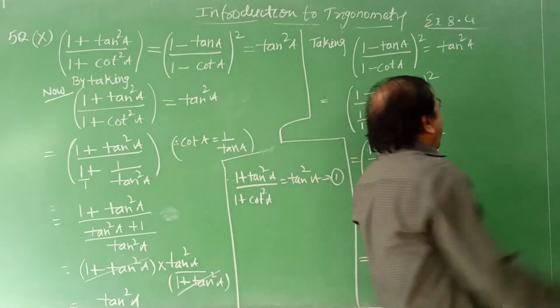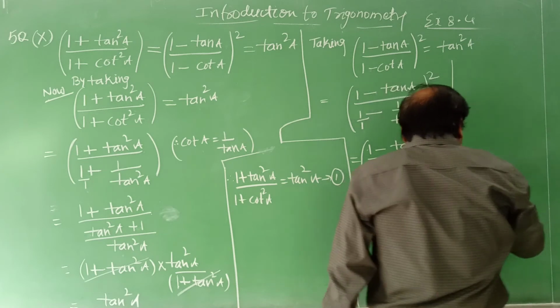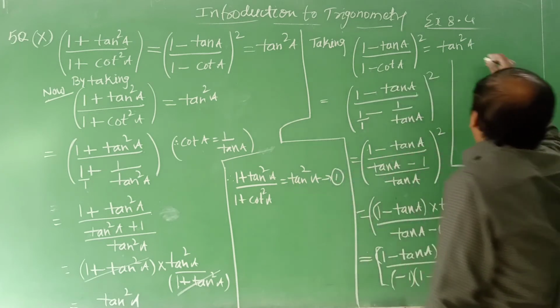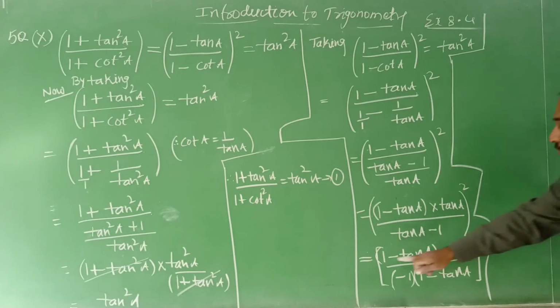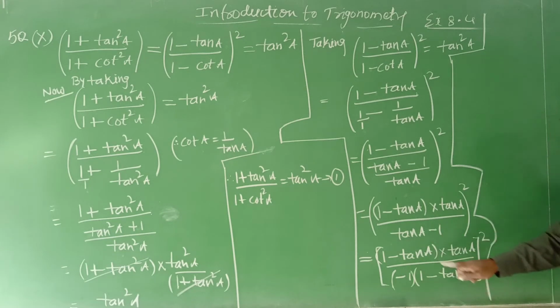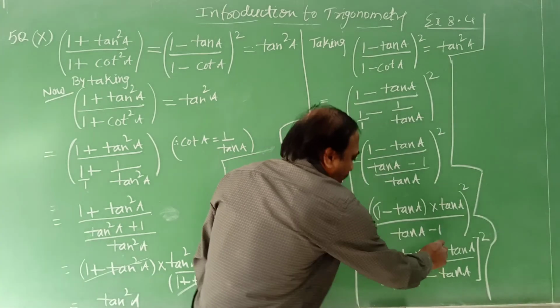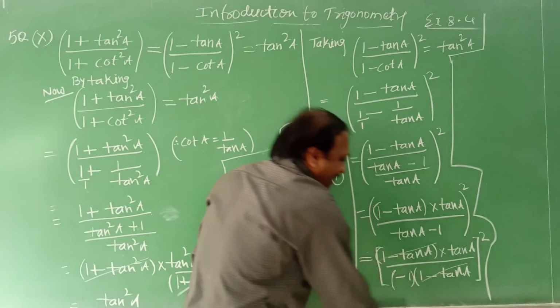Now the square is applicable for all the terms in the numerator and denominator. So in the numerator we have 1 minus tan A into tan A by, I took minus 1 common, 1 minus tan A, whole square. So 1 minus tan A and 1 minus tan A get cancelled.